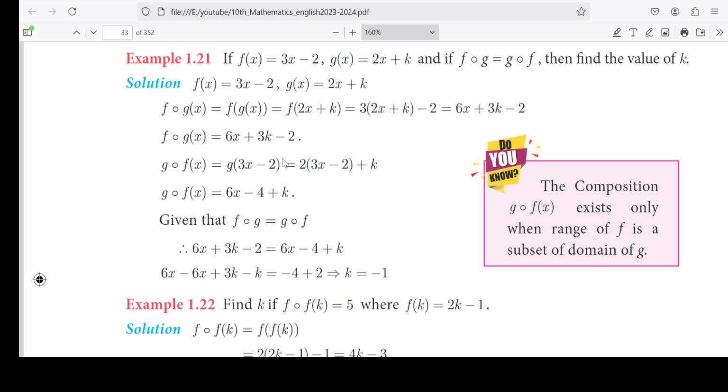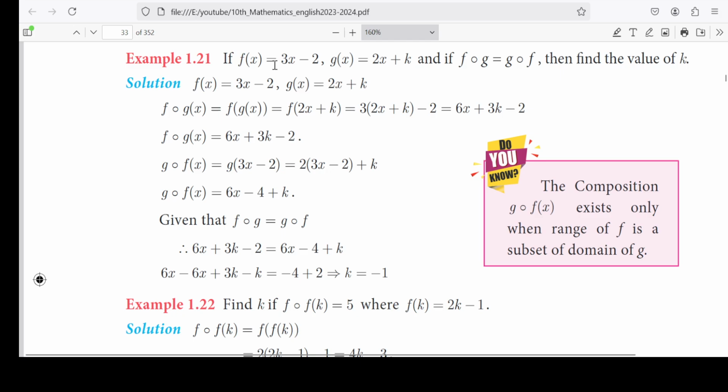Now, we can see the problem example 1.21. If f of x equals 3x minus 2, g of x equals 2x plus k, and if f of g is equal to g of f, then find the value of k.